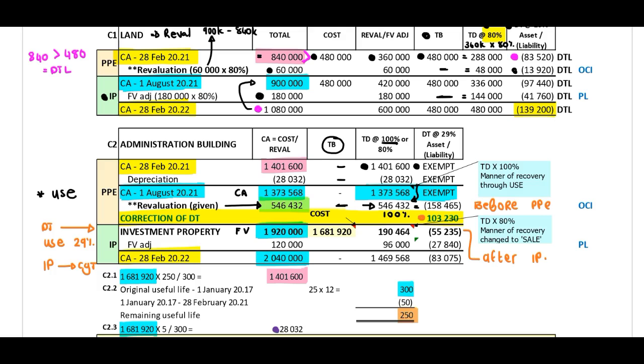Fair value adjustment of 120,000. This will be then based on CGT rate, because this is investment property, 96,000, 120,000. Let me write this down, times 80%, our deferred tax liability. Therefore, our deferred tax liability at the end of 2022 will be 83075.